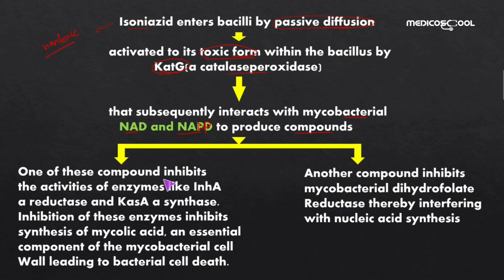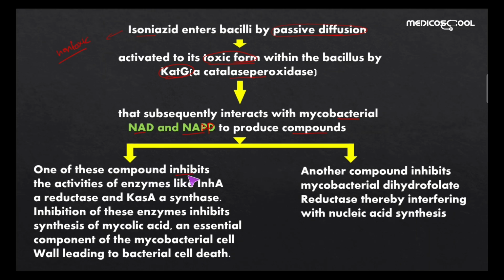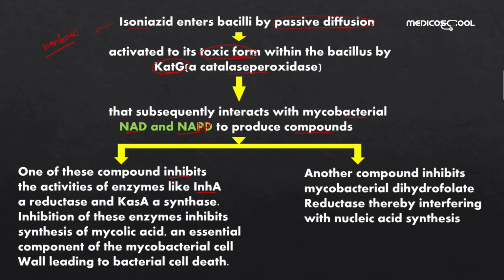The first compound inhibits the activities of enzymes like InhA, which is a reductase, and the second enzyme KasA. The first one is InhA and the second one is KasA, which is a synthase.